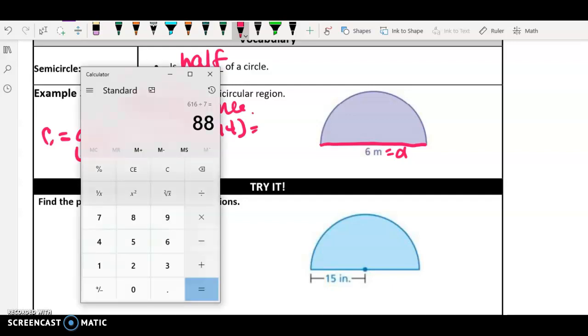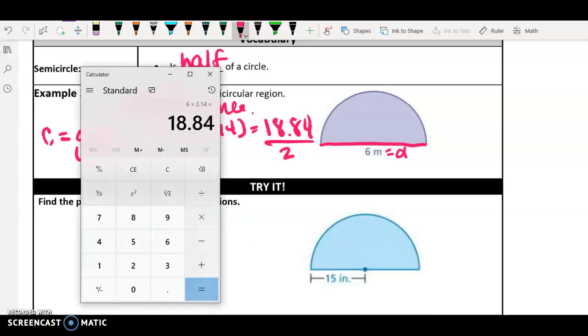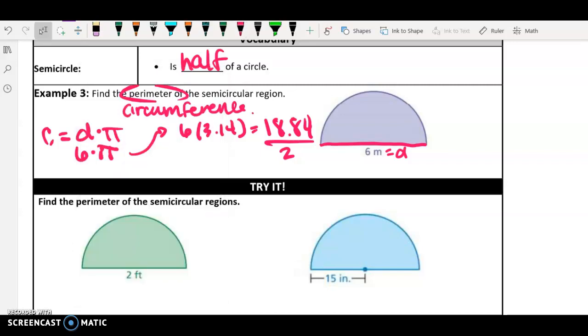So I have 6 times 3.14, which I get 18.84. But it was half of a circle, so I need to divide this by 2, and I get 9.42.